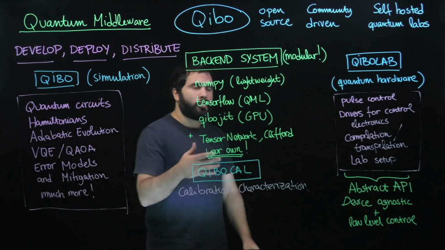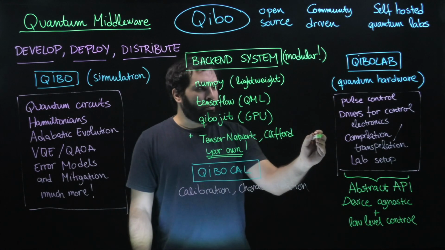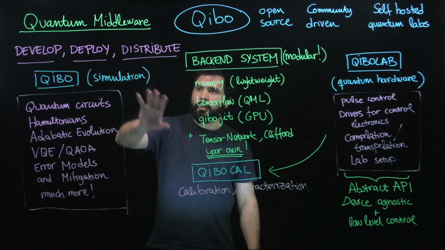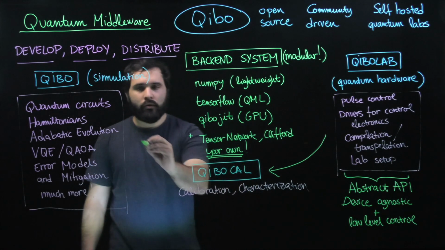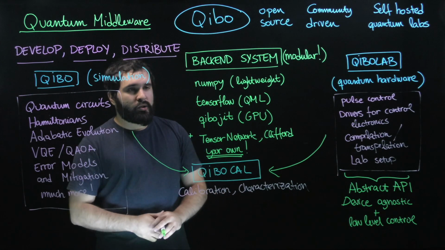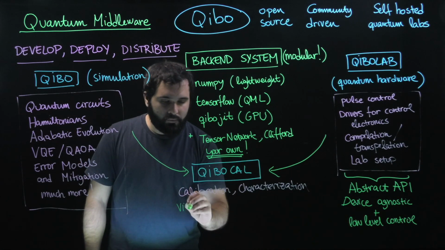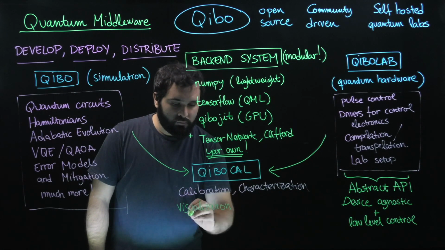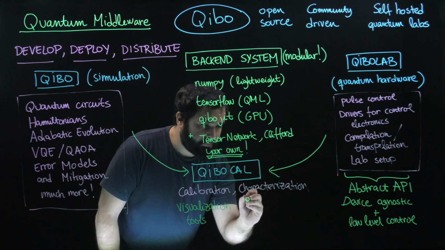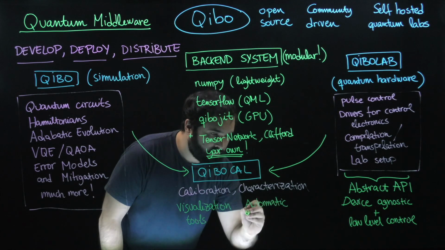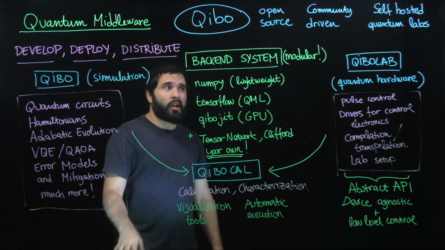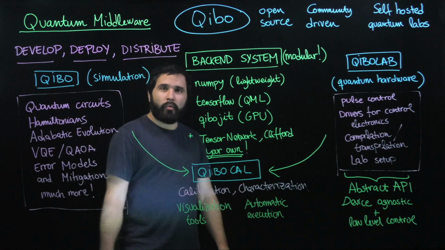So whether it's low-level routines to understand the physics of your device using tools from Qibocal, or more complex benchmarking techniques using the full might of the quantum information modules in Qibo, you can code them and store them in Qibocal and then use the visualization tools that we have there, to also deploy them in an automatic fashion, and then share the newly calibrated parameters with other people of your lab and also other people you might be in collaboration with.